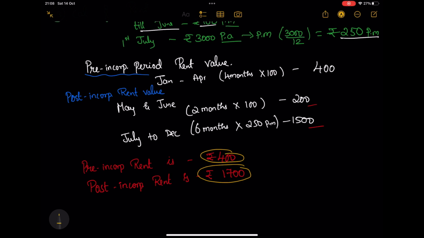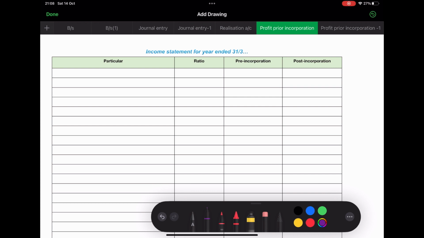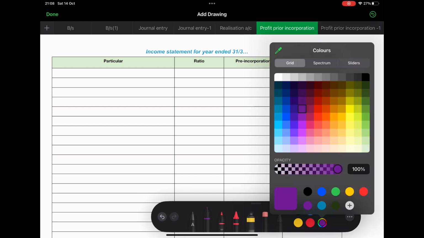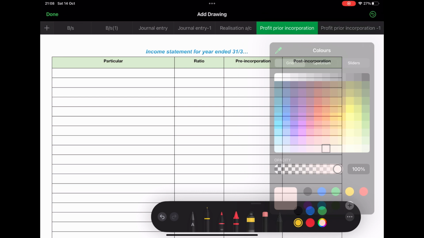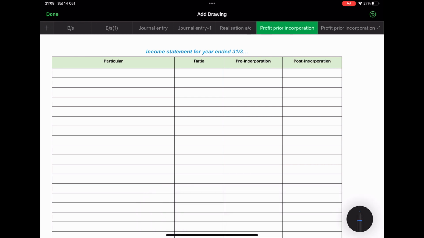So you all should have that format where we used to write. Same, yes, as usual we are going to start with gross profit.